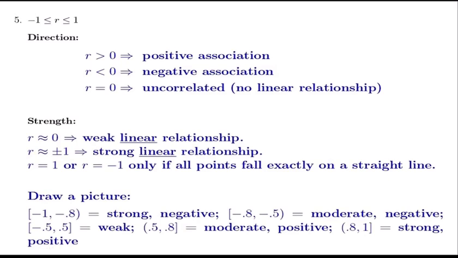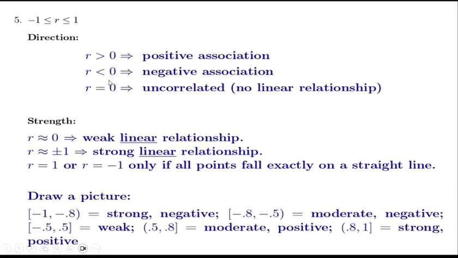And let me tell you this, okay? If you take a look at what I have right now, you're going to see that when R is greater than 0, when you have a positive R, that's a positive association. So positive association actually implies a positive relationship.